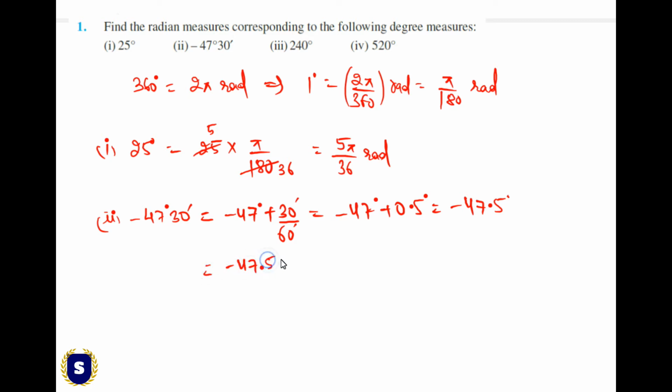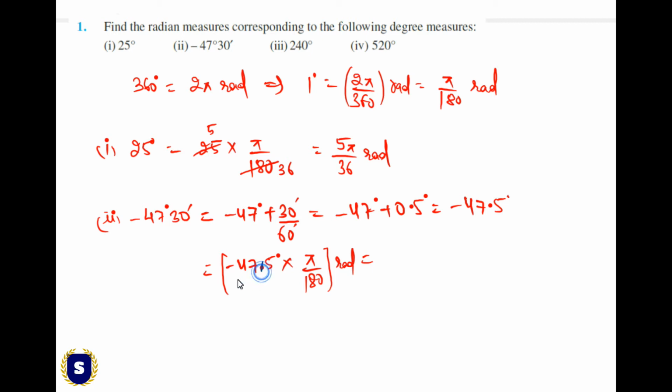So if we want to convert it into radians, you know what we have to do, we have to multiply it by pi by 180 radians, right? So cutting the values, let me solve this for you.